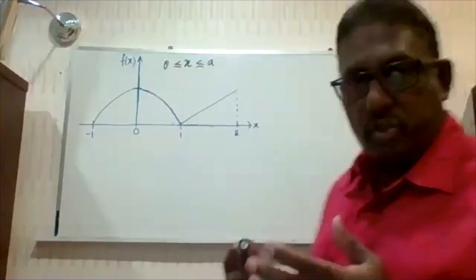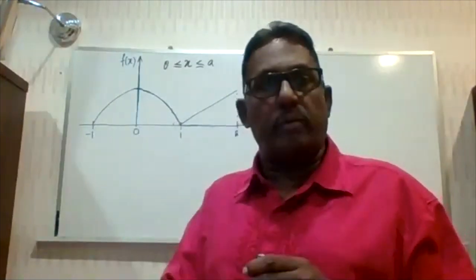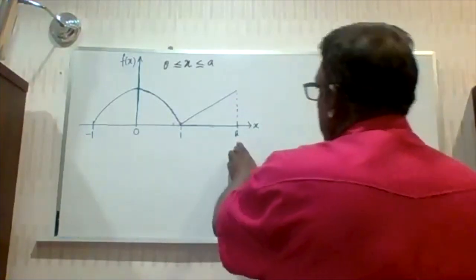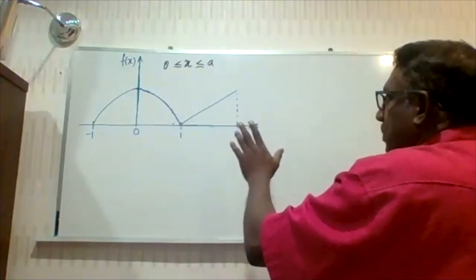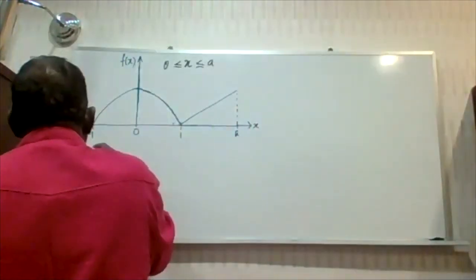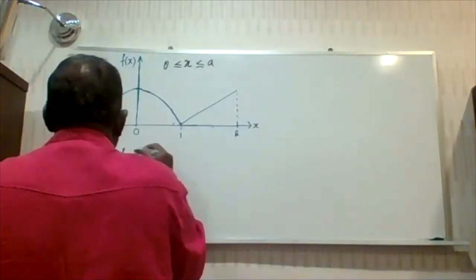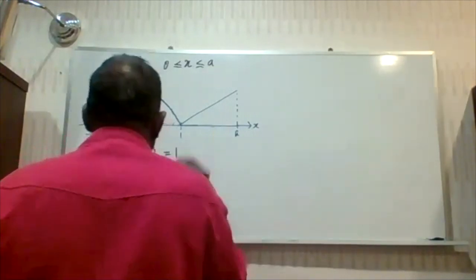So what knowledge, what skill do I use in order to solve part A? They want you to find the value of a. The knowledge that you can use is that the total probability must equal 1. That means the sum total of f(x), which represents the total probability, must be equivalent to 1.